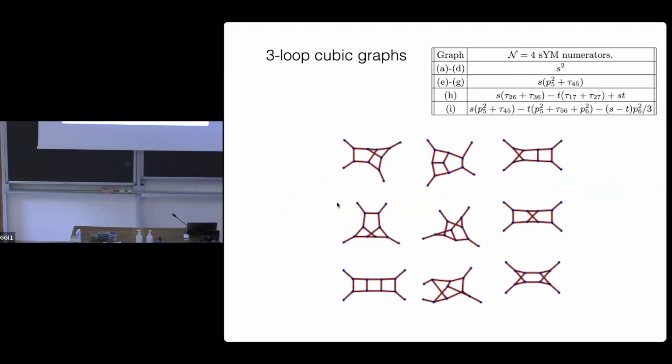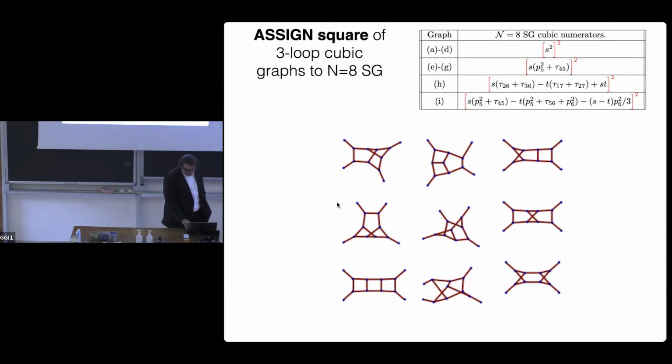All right, great. So we're going to start with 3-loop cubic graphs. These don't satisfy Jacobi, but you'll notice that all the guys that look like ladder diagrams are all the same. All the guys E through G are the same, and then these guys echo some of that structure, but with some extra contact terms showing up. And the procedure is we're just going to naively double copy.